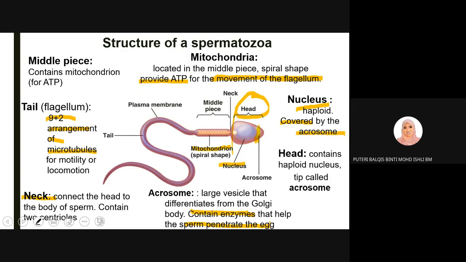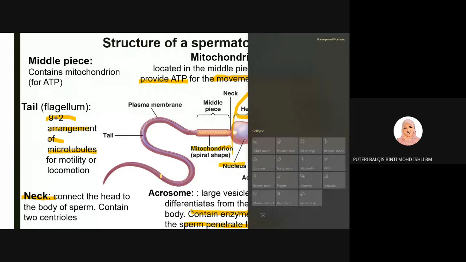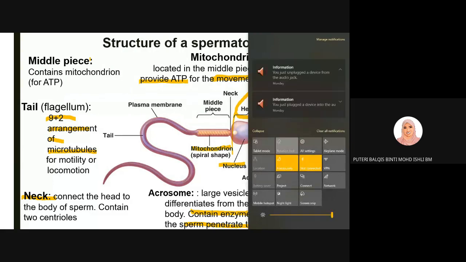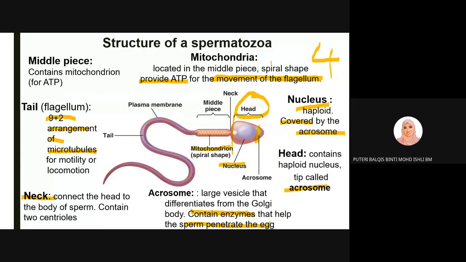The function of the acrosome is to penetrate the egg, helping the sperm to fertilize the egg. Later in the fertilization process we have 4 steps, and the acrosome helps in one of those steps. Okay, that is the structure of spermatozoa, the sperm.